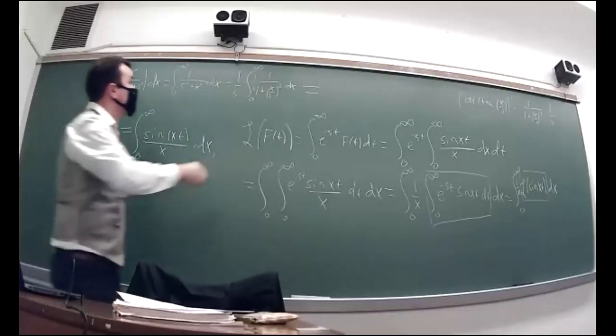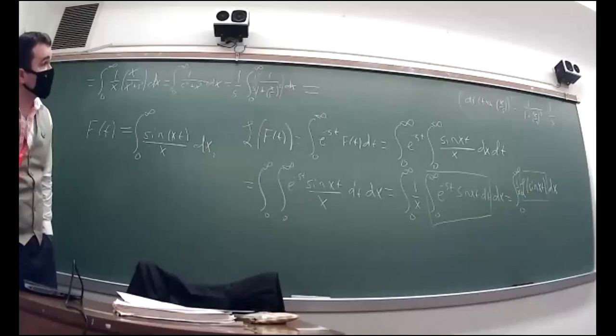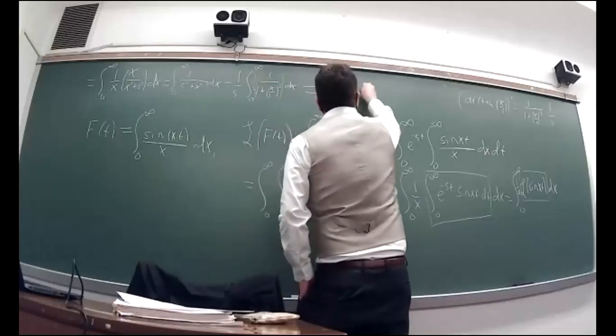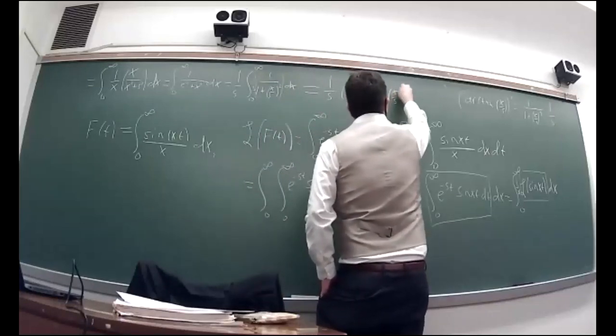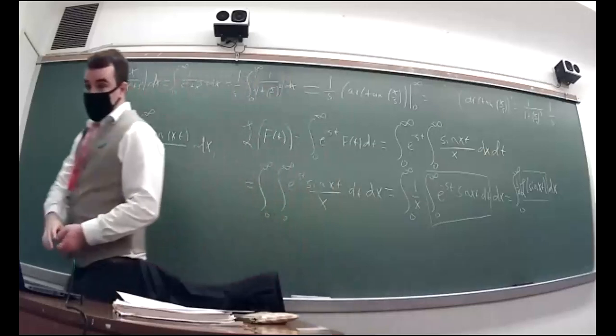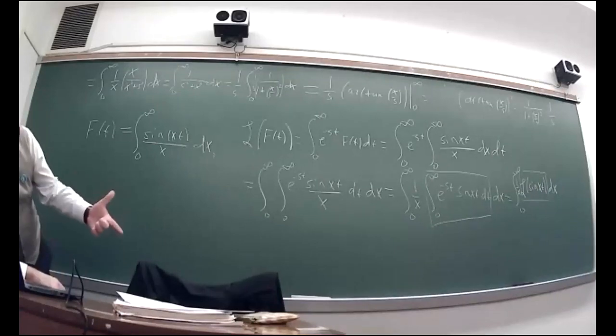So 1 over s times 1 over 1 plus x over s squared. You integrate that, and the antiderivative is arctangent x over s. Go from x equals 0 to x equals infinity. Right, so that infinity is interpreted as a limit. Arctangent of 0 equals 0, and arctangent limits to pi over 2.